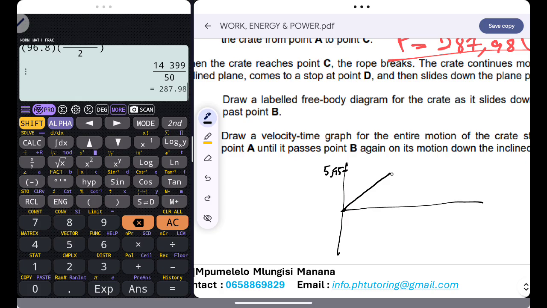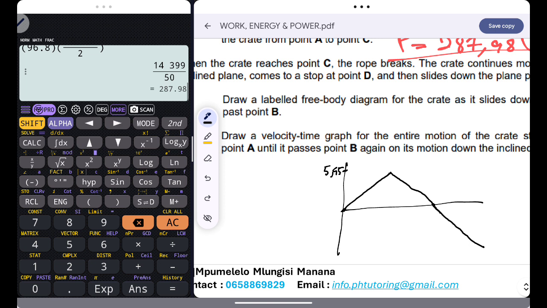And then when the velocity was 5.95 meters per second, the rope breaks. Are you together? And then the crate will still continue moving up, but its velocity will be decreasing until it becomes 0 at a stop, and then it will start moving again in the negative direction.